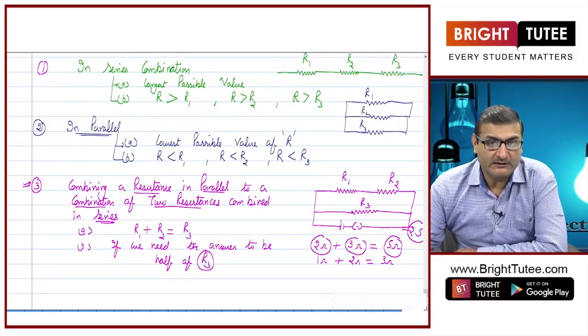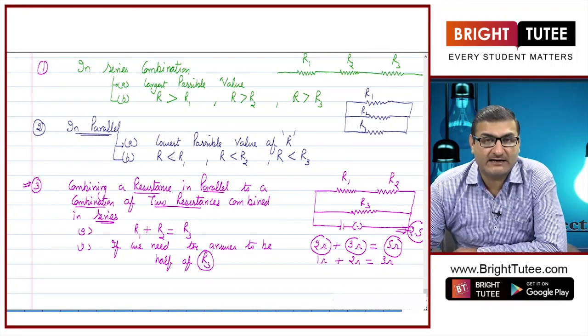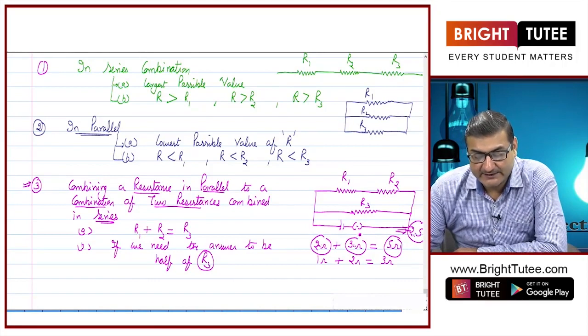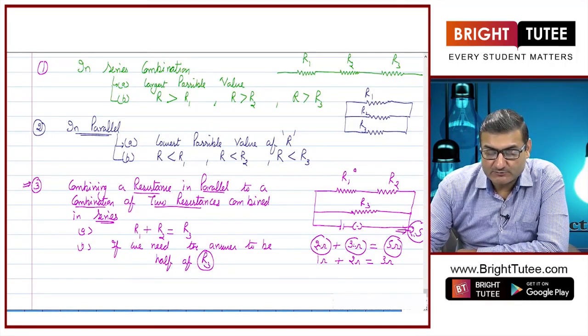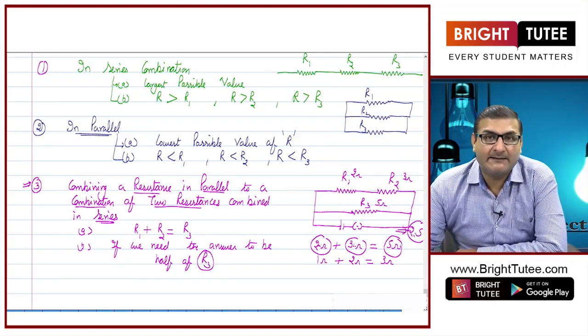For taking it as a third option, we need to know whether it fulfils these two criteria. First criterion is the sum of two resistances is equal to the third one, and the total resistance required is half of this. Now, I will connect in this way where I will take the smaller values 2 ohm and 3 ohm in series and the bigger value of 5 ohm in parallel.